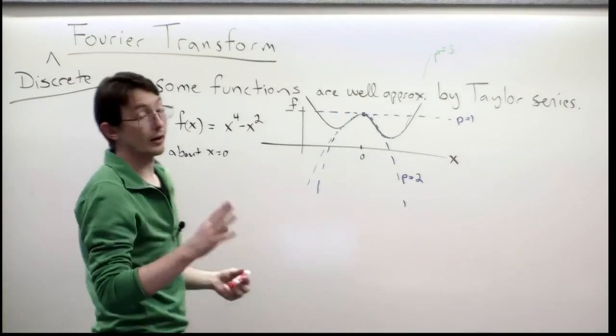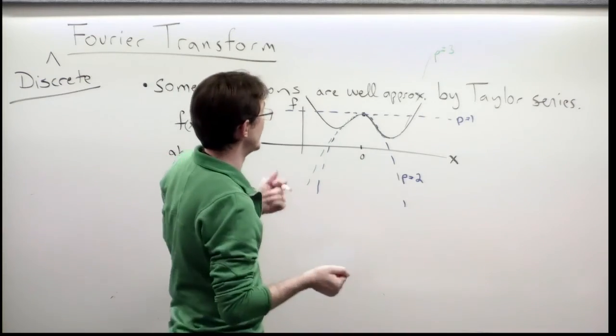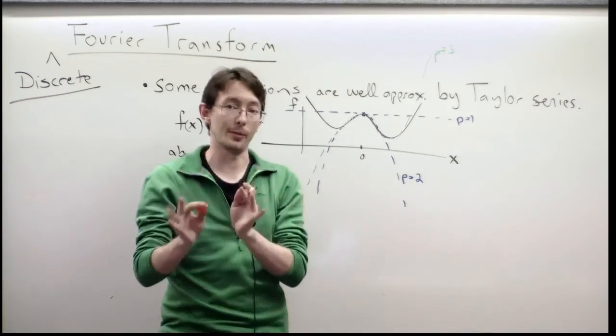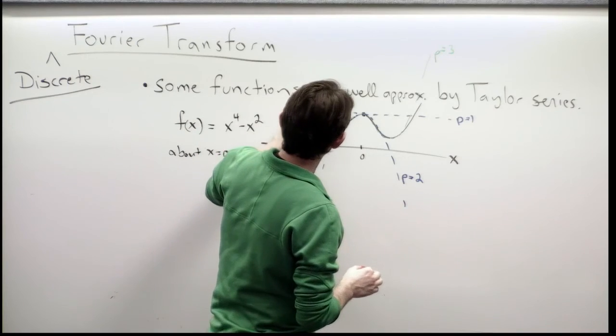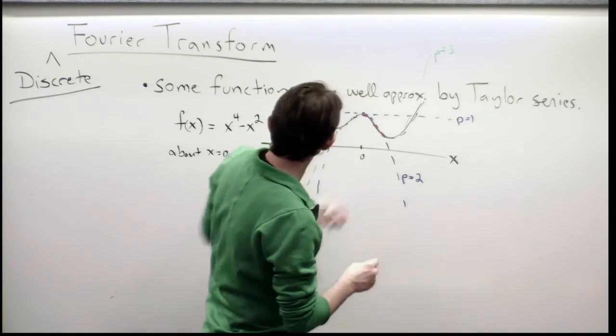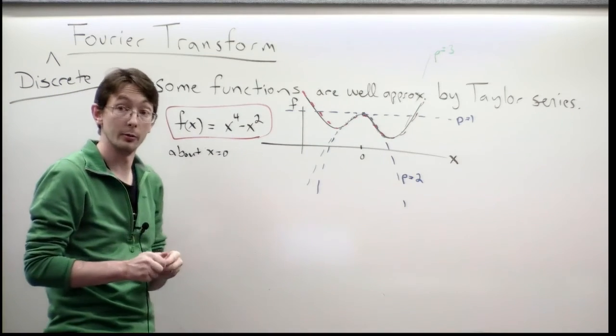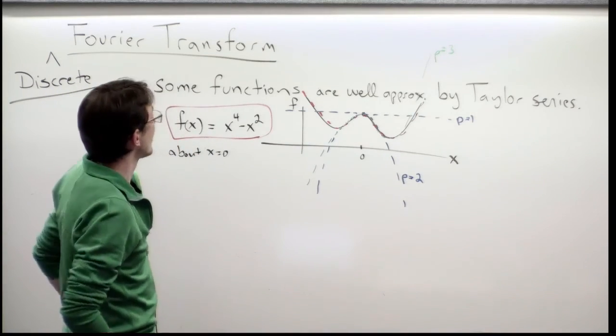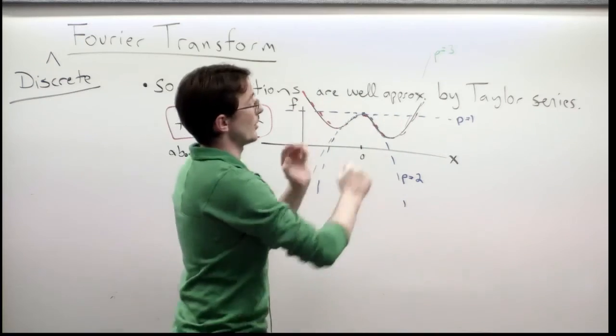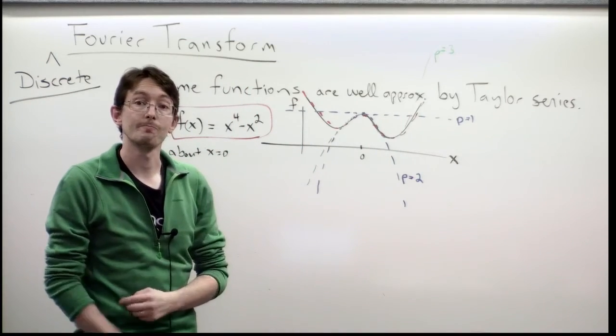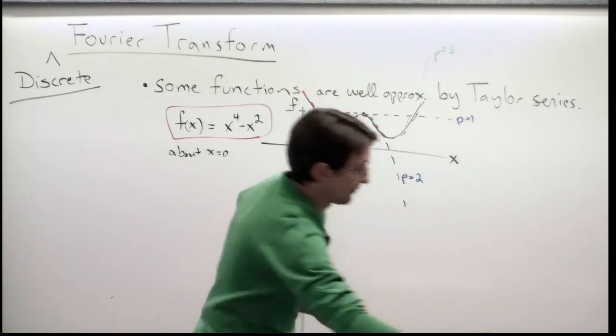But by the time we get our fourth order Taylor series approximation, we actually exactly represent our function, because it, in fact, is exactly represented by a polynomial. Okay, so some functions are well approximated by Taylor series, but some are not.